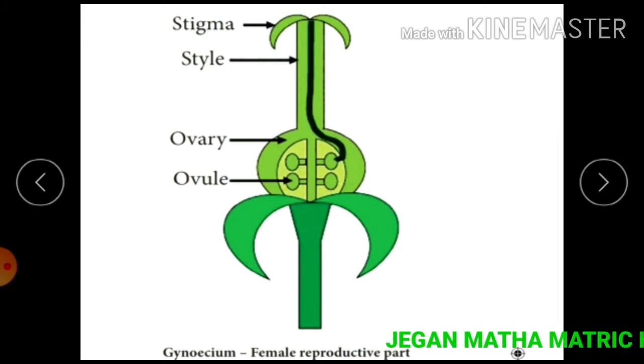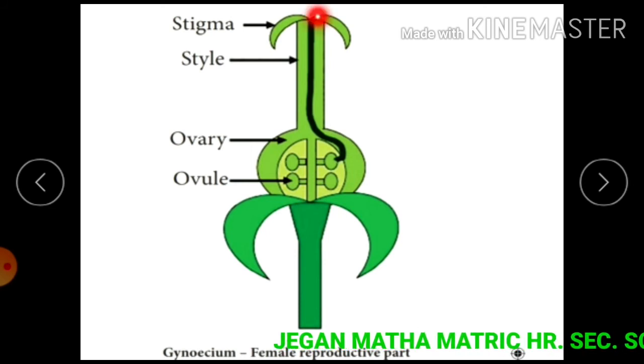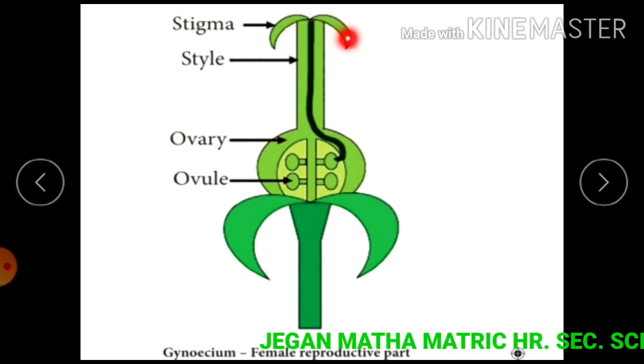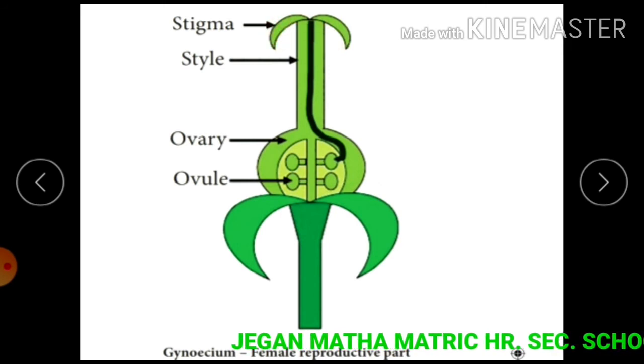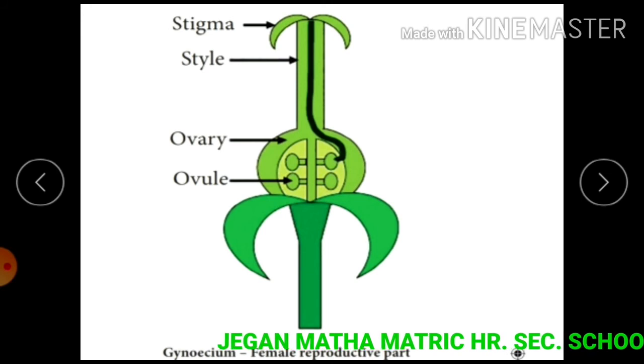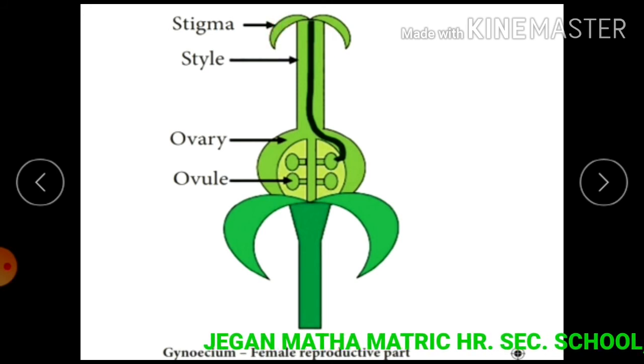On top of the ovary there is a slender tube-like structure called style. The topmost sticky tip of the style is stigma. Pollen grains are received by the stigma. This is the fourth ring of a flower.